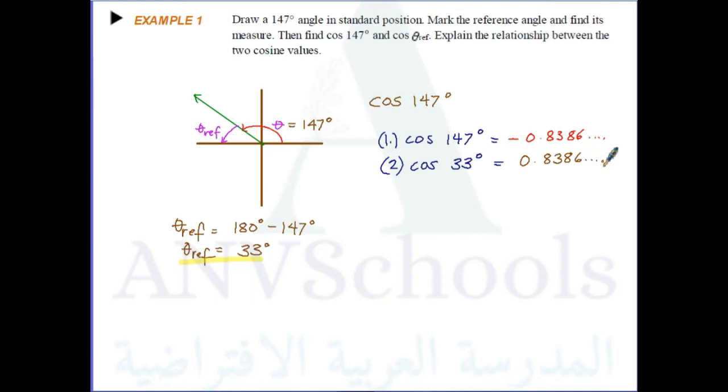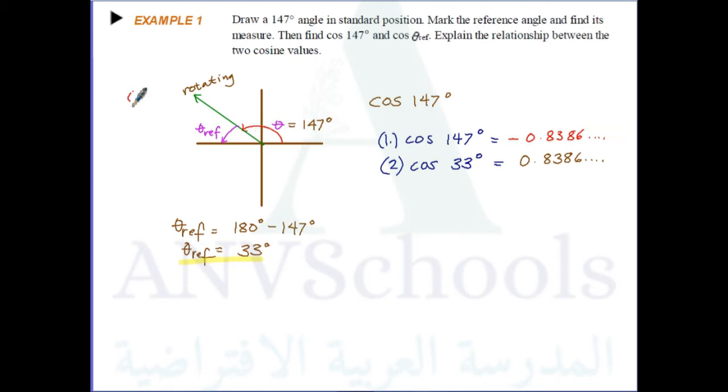First of all, where is our theta? Our theta is in quadrant 2, right? This is our rotating ray, and the rotating ray took us to 147 degrees, which is here. In this theta, our terminal side is here, and 147 degrees is in quadrant 2. Am I correct?